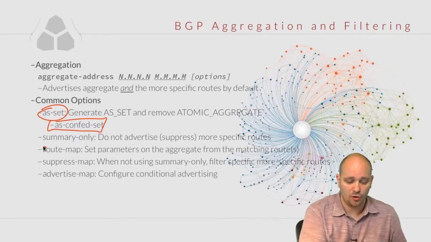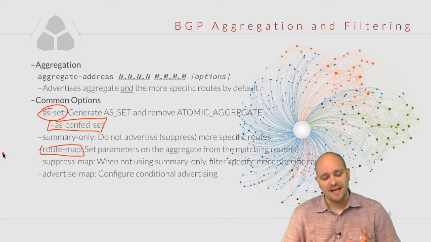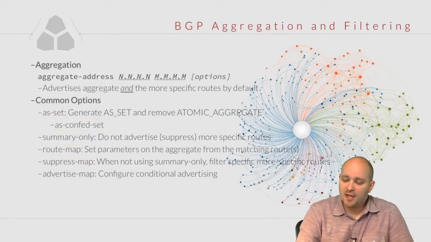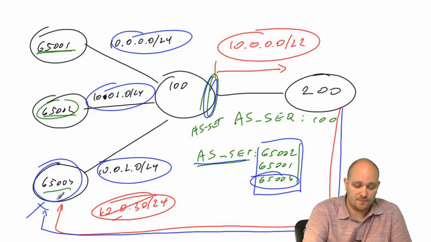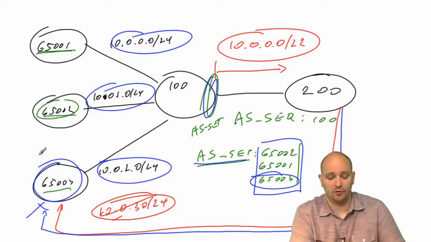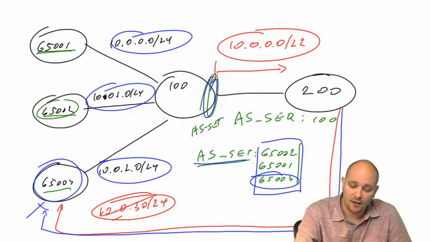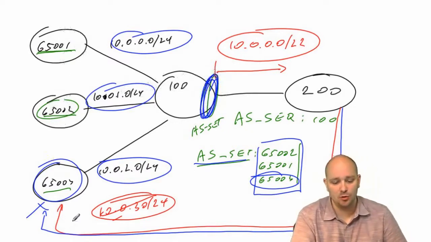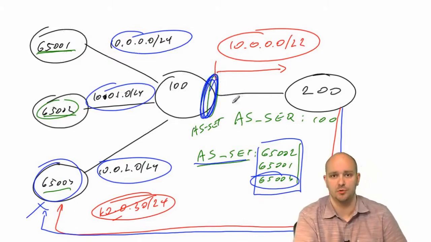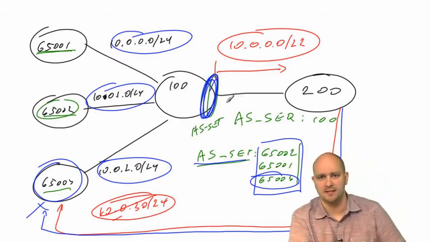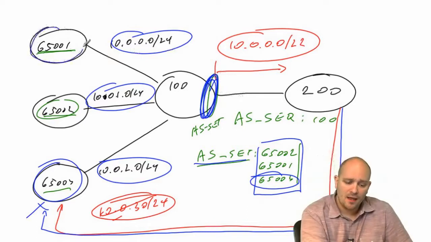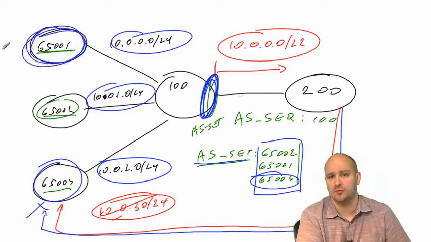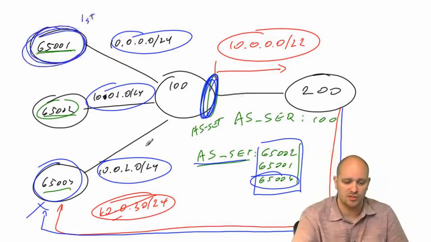Now, summary only we already talked about. Now, route map here is an interesting one. If we have multiple contributors like this, by default, when we create the aggregate, one of these is going to be taken into account to copy the attributes, like the next hop and stuff like that. Usually it will be the one that was learned first. So let's say that this one here was learned first.